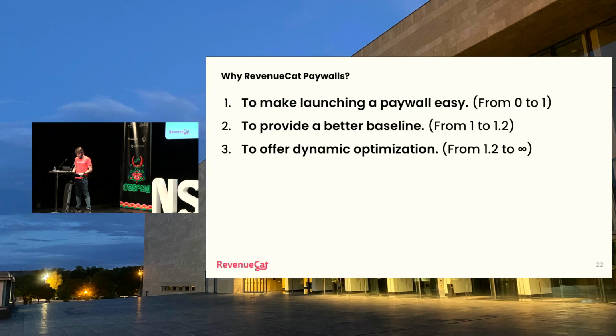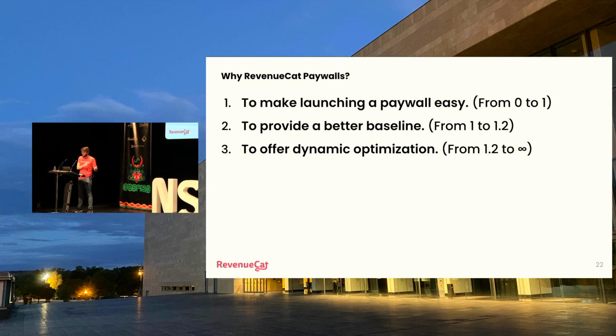And why have we built this feature? Well, three reasons. First, we want to make launching a paywall really easy. We want to take you from 0 to 1 faster, and instead of having to manually code your paywall, instead of working on your app and your differentiated features, we do it for you.